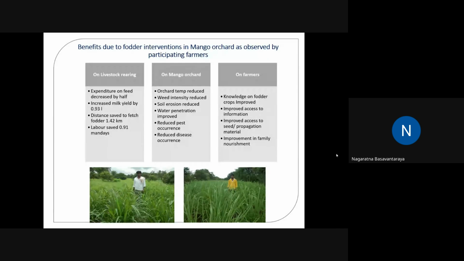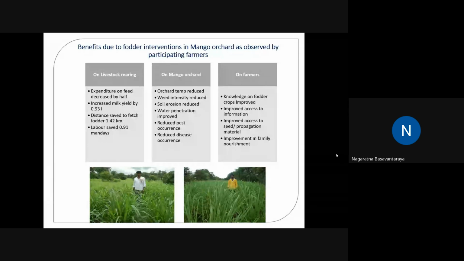That much money they were able to save. The second thing is they noticed an increase in milk yield by nearly 1 liter per day per animal.